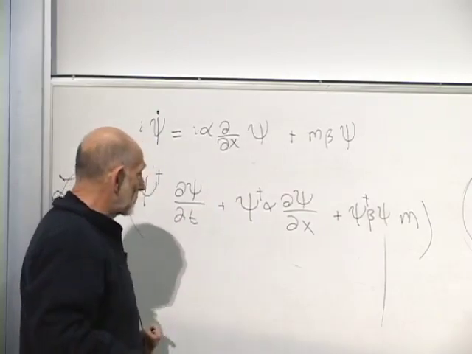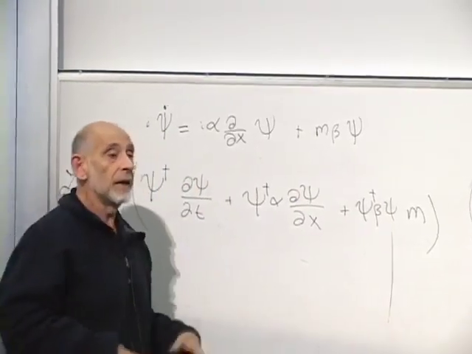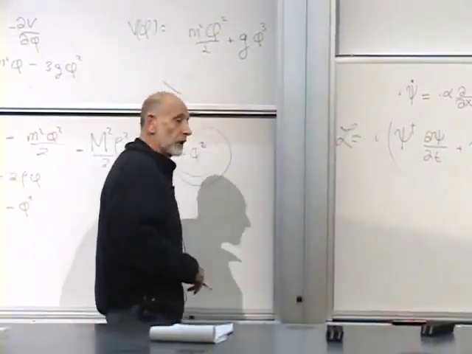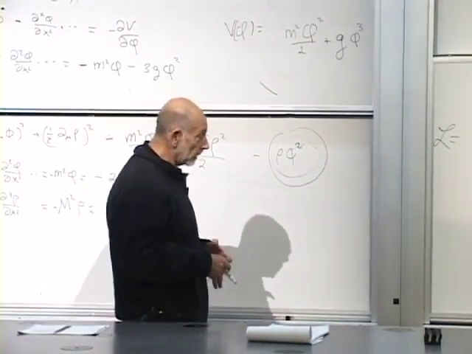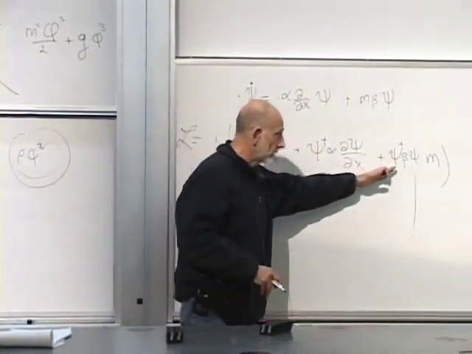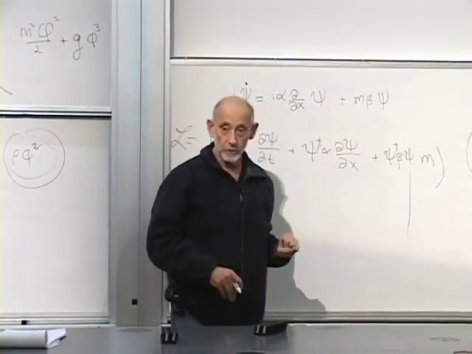It's got Dirac matrices in it, so it's a little more complicated. It's a multi-component field, but this would just give you the ordinary Dirac equation.